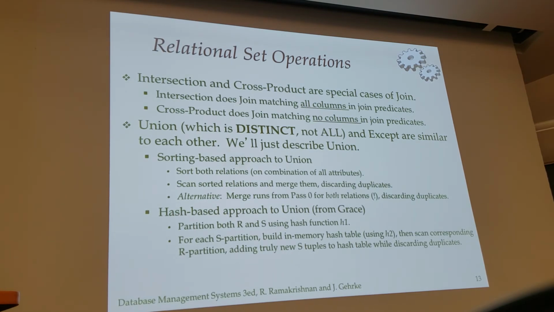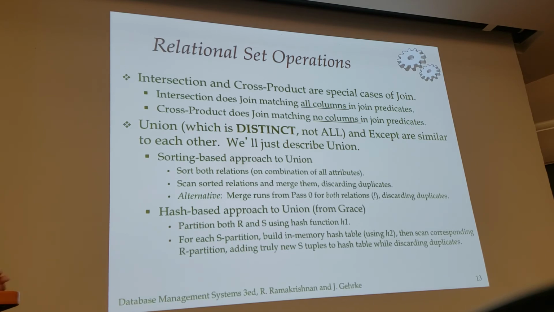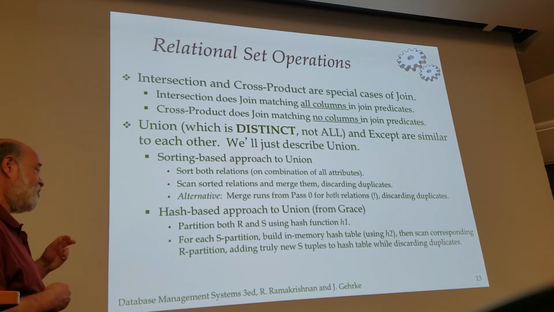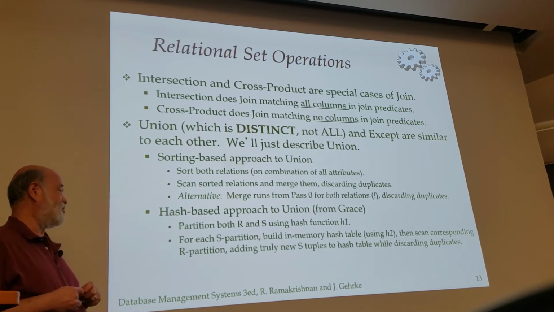You've built R17 and S17, and the same thing for all these different values, each Ri and Sj, and you got rid of duplicates from the Rs as you built them, or maybe you're getting rid of duplicates as you go.